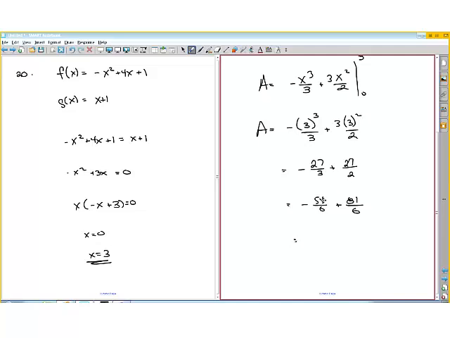Well, it's going to be 27 sixths. But you can divide both of those by 3, so you would get 9 halves. And that's correct. Yay!